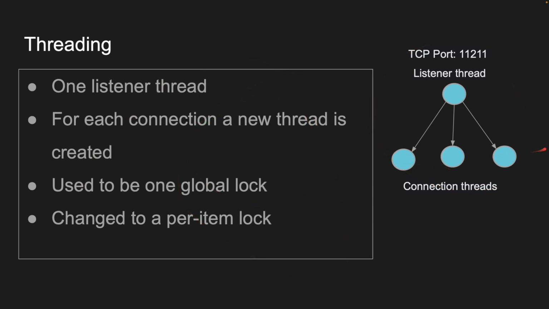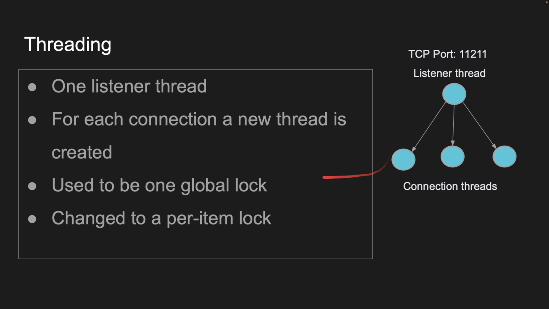Now, the moment you have threading, the beauty here is you don't have a bottleneck. If you have one thread responsible for all the connections and listening, you will be blocked. One user will send a key and then another user will send a key, and they won't be served at the same time. They have to be serialized because there is one thread executing them one by one.